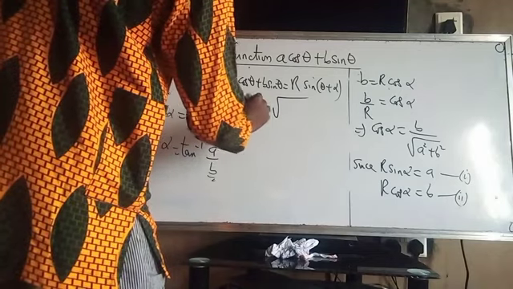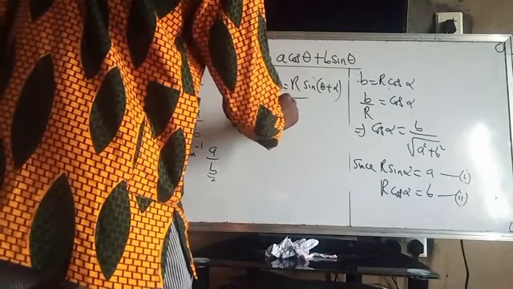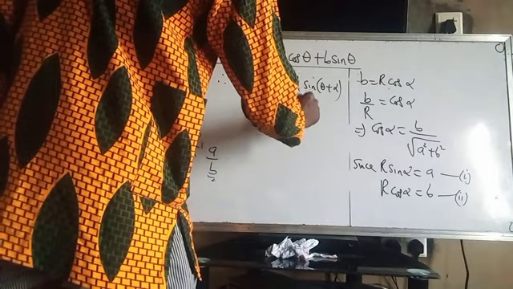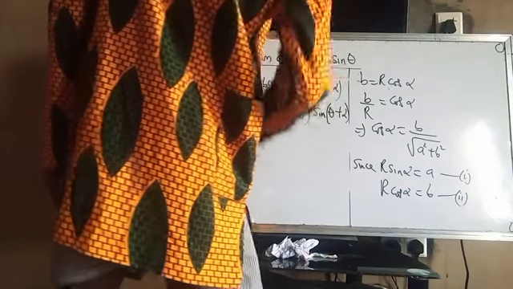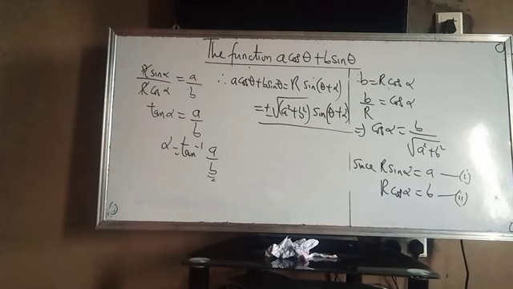Our r is plus or minus the square root of a squared plus b squared, times sine of theta plus alpha. So that is the value of the function a cos theta plus b sine theta.